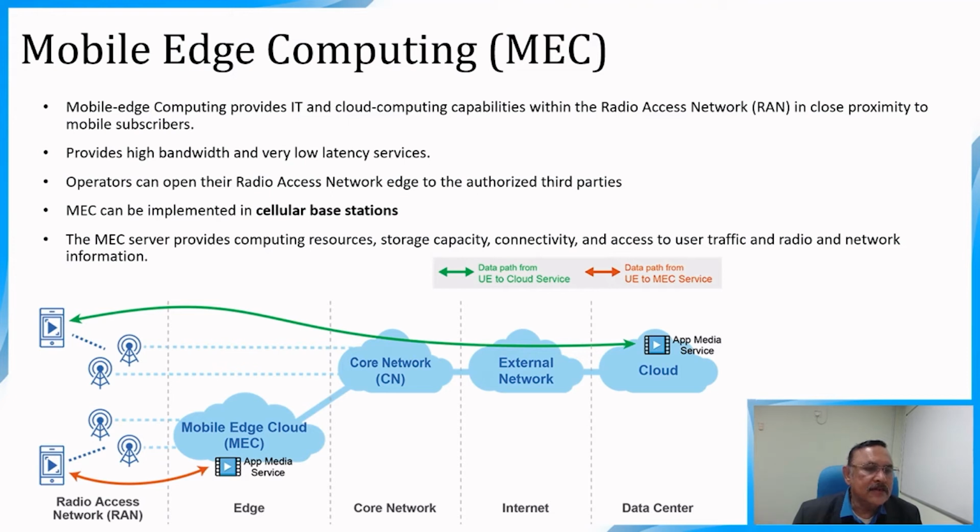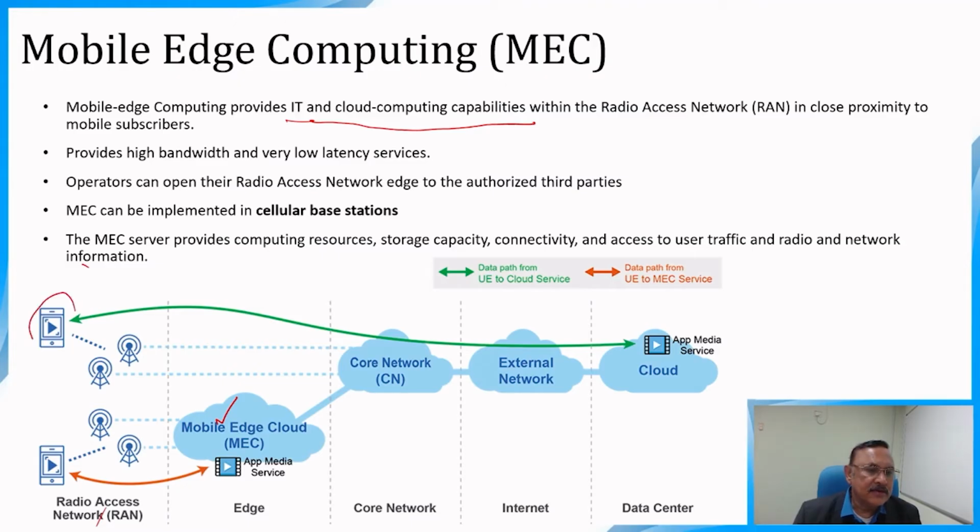Here you can see that mobile edge computing is shown. This mobile edge computing will provide the IT and cloud computing capabilities with radio access in close proximity to the mobile subscriber.